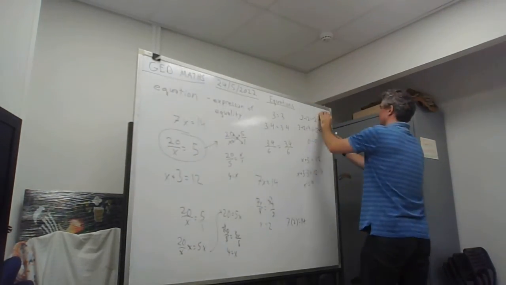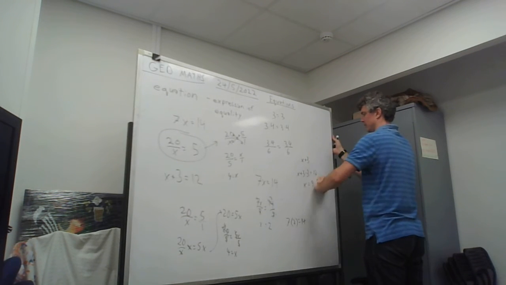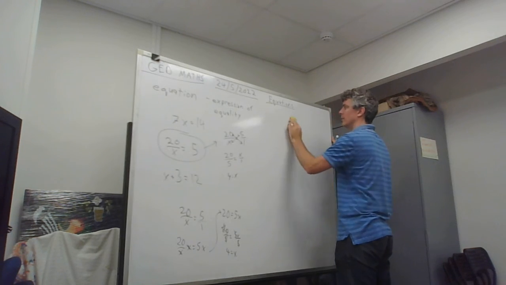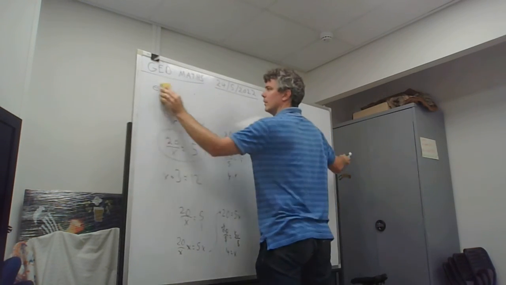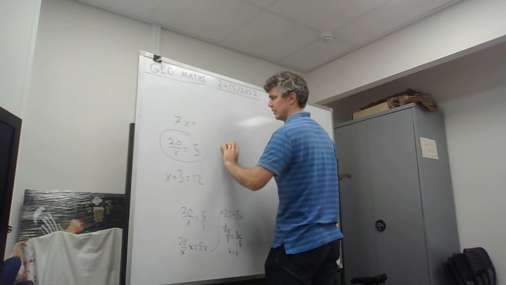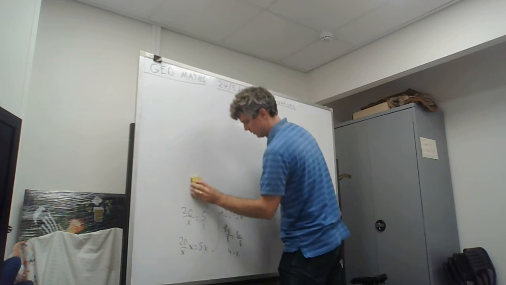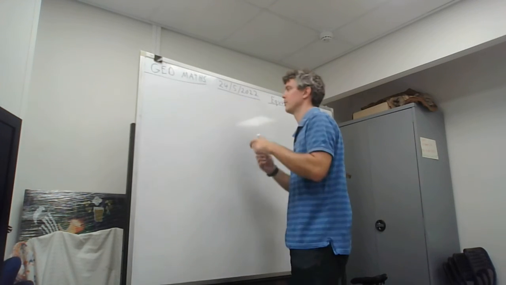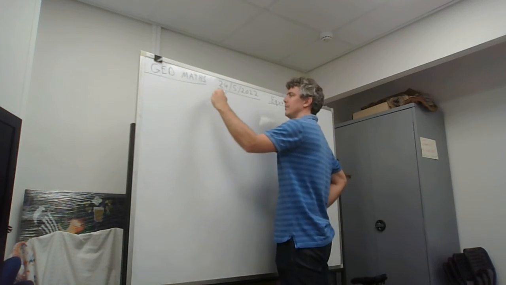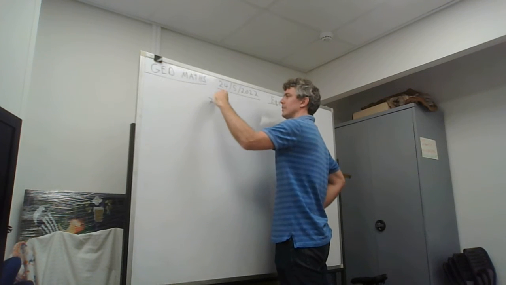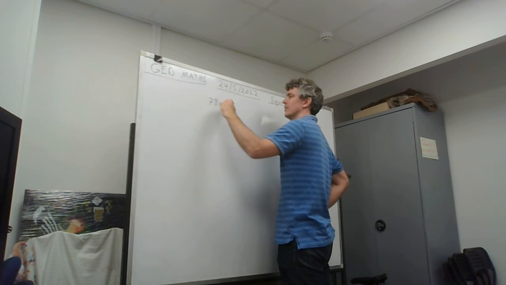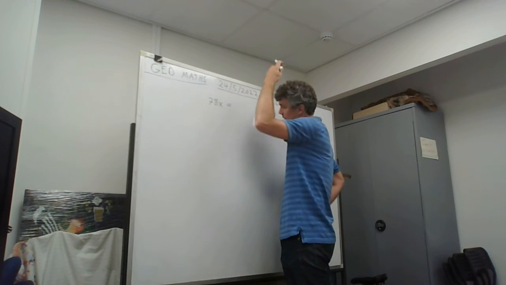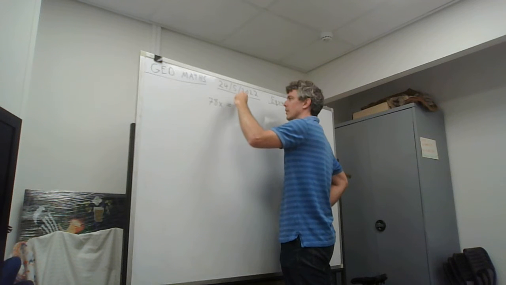Let's do some more practice. Let's say, for example, you have 78x equals 6.